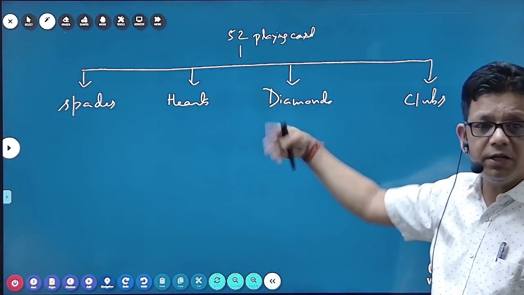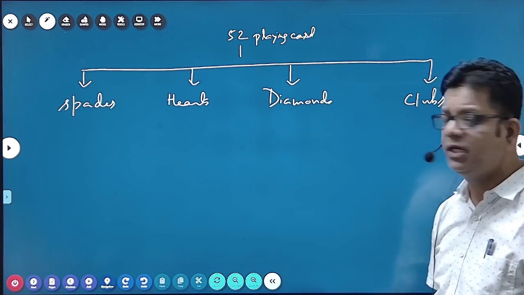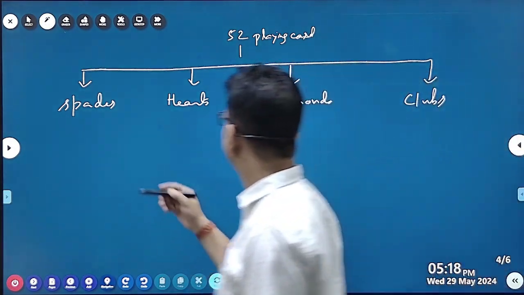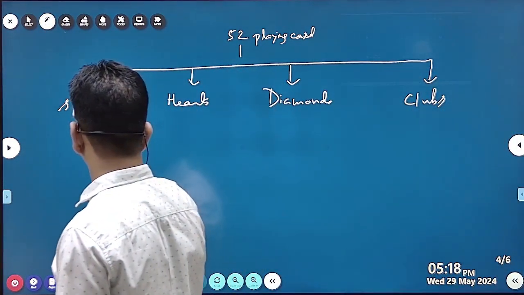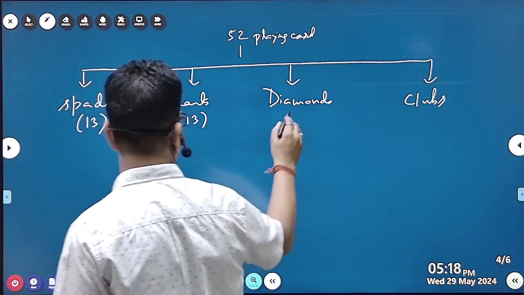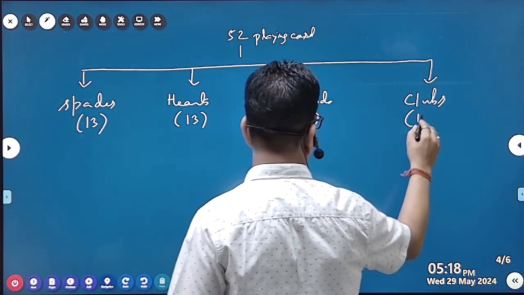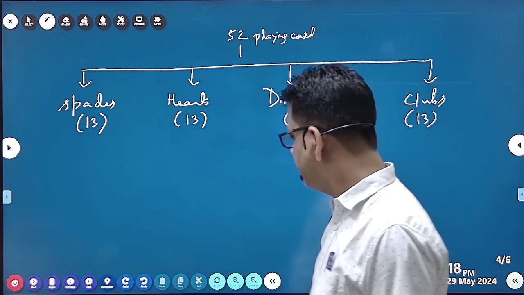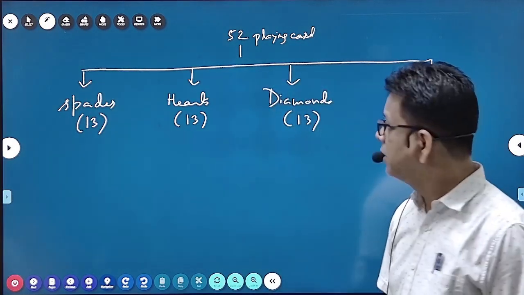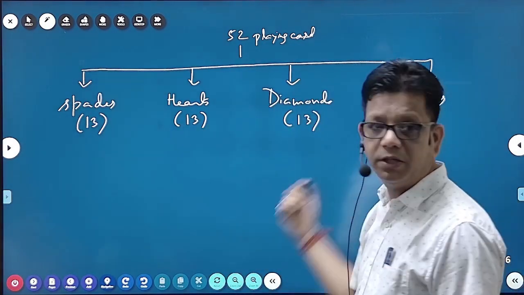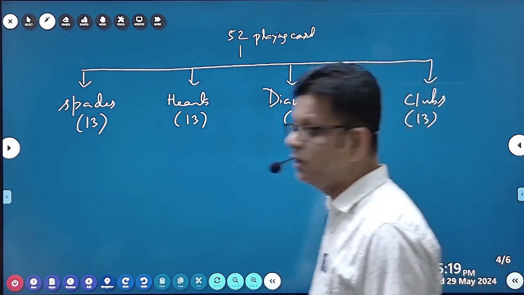Now they are equal categories. Any idea how many cards each will contain? 13, because 13 fours are 52, so each will contain 13 cards. Now, out of these, the spades and clubs, all these 13 cards are black in color.